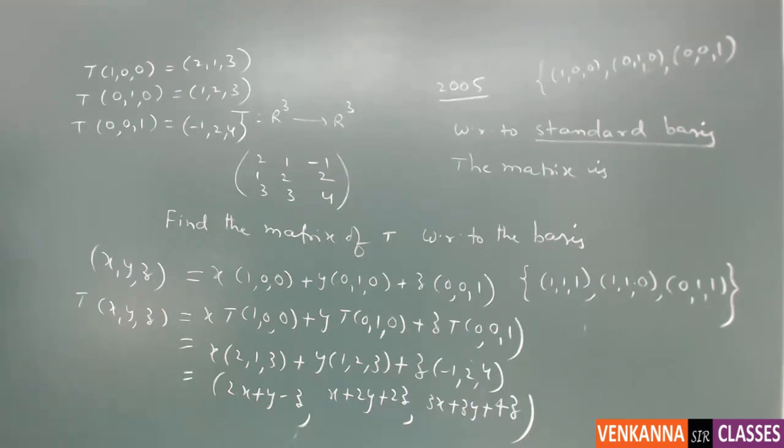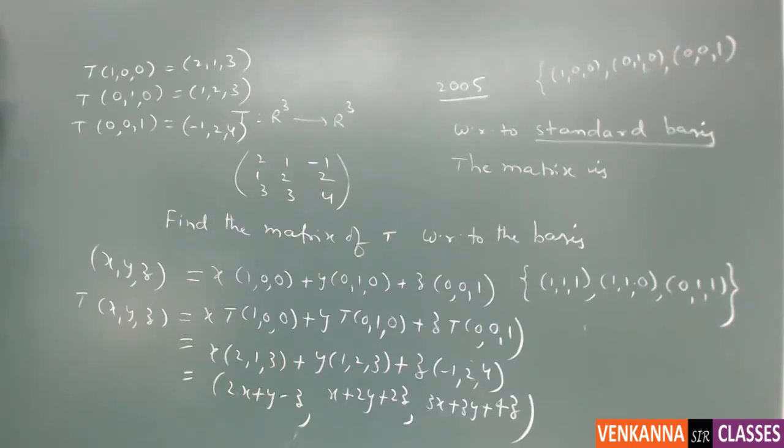Could you agree? In the previous problem, I got a matrix of T, and the matrix is obtained by two different bases, and those bases are not standard bases, they are different bases.